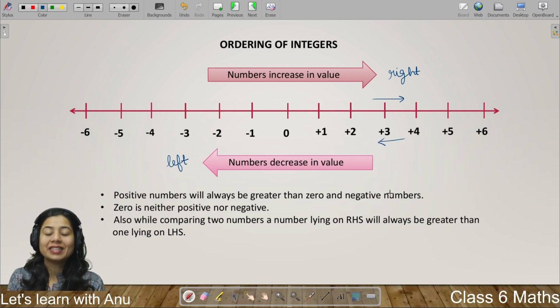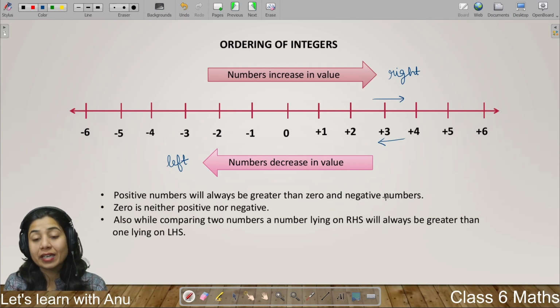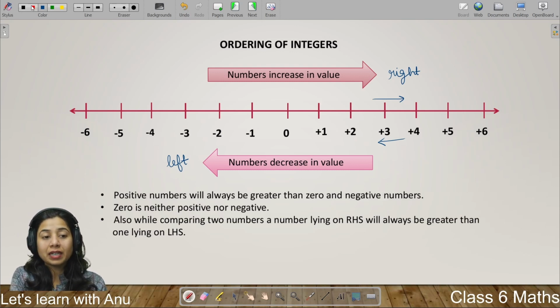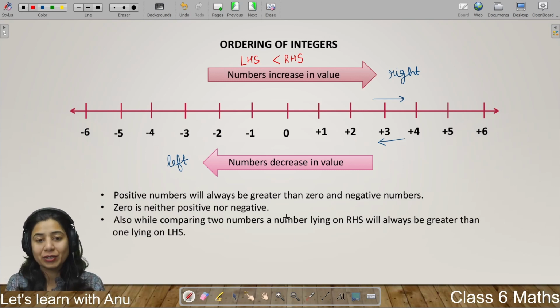numbers is decreasing. So from this we can conclude that the number lying on the right hand side will always be greater than the one lying on the left hand side. So this is the most important thing, class, you should remember, and then you can solve every question related to this, right?